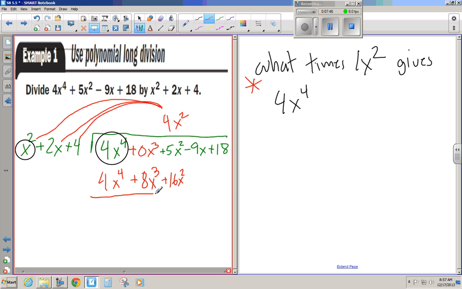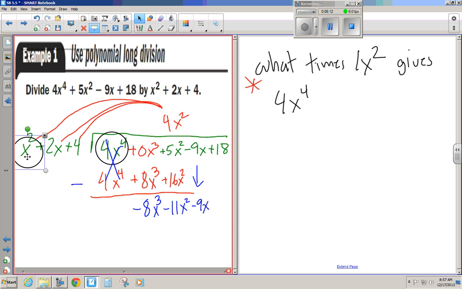And so when you combine this, minus that cancels out. 0 minus 8 gives me negative 8x cubed. 5 minus 16 gives me a negative 11x squared. And as before, bring down a 9x. And so now you use the x squared, and this moves to this, and you think of the same thing.